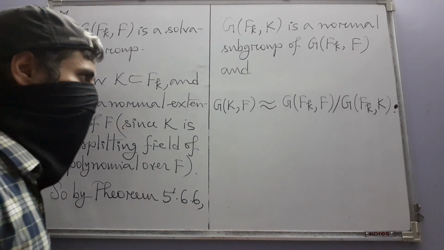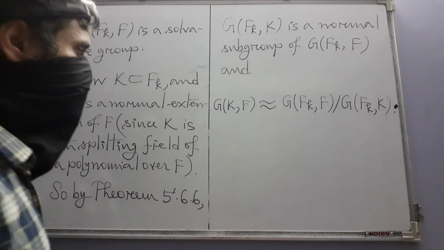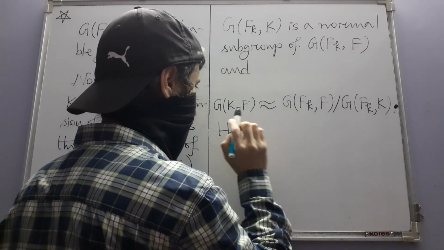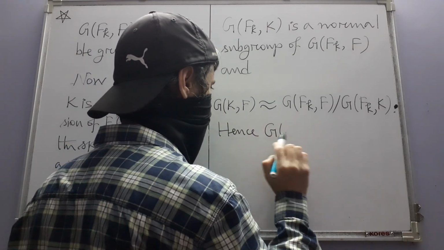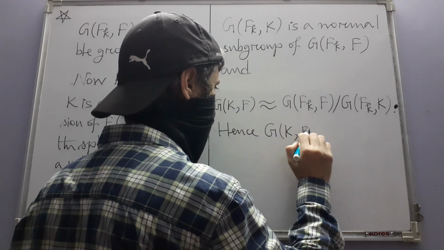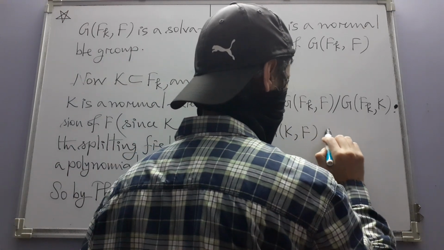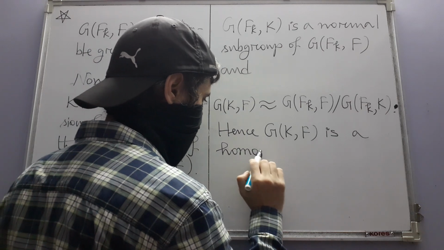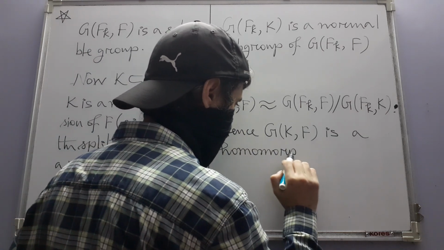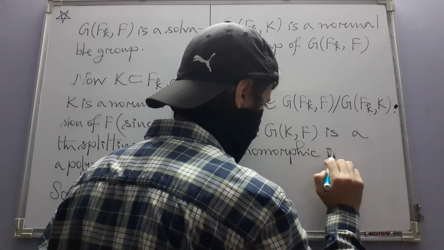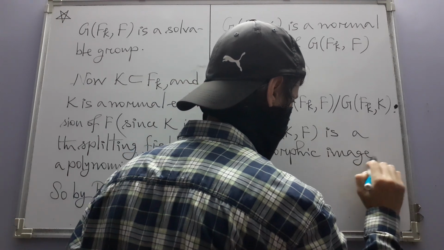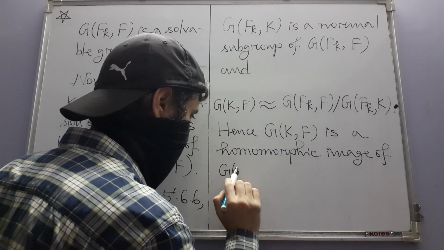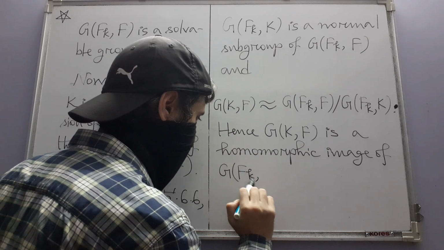Okay, now what can we say from this? From this, it follows, hence, this is a homomorphic image of this group.